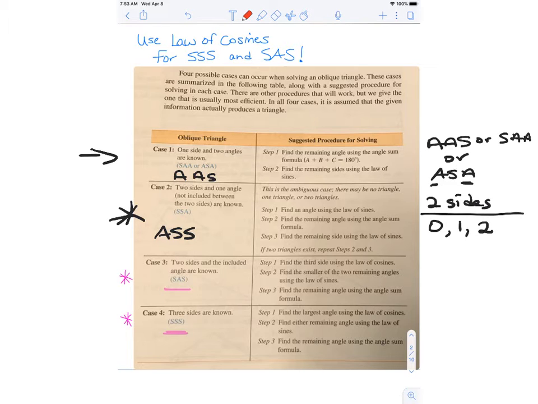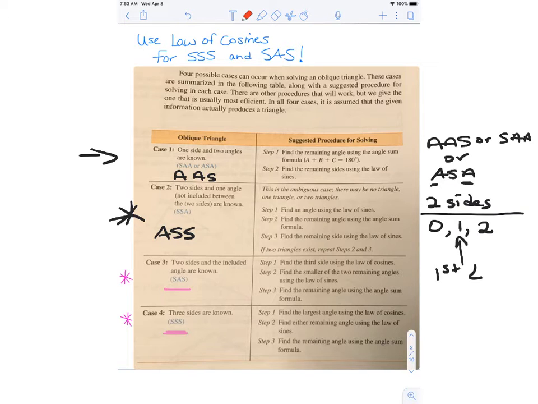Once you start doing the process of trying to find your first missing angle, it'll work if there's 1 triangle. And then you would proceed to find the other missing side and the other missing angle. However, once you find the first missing angle, that's when you can either finish the problem and find the other side, or double check to see if you're going to have to do the problem again for a second triangle.